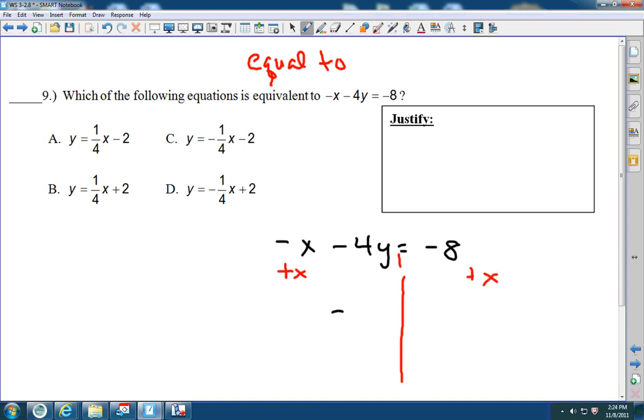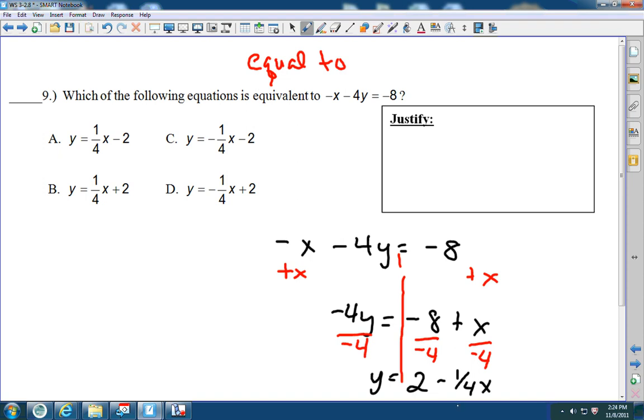I get -4y equals -8 plus x. Well, I'm going to divide by -4, and I get y equals 2 minus 1/4 x. Well, what if I wrote it another way? I wrote -1/4 x plus 2. Do I have that? There it is. The answer is D.